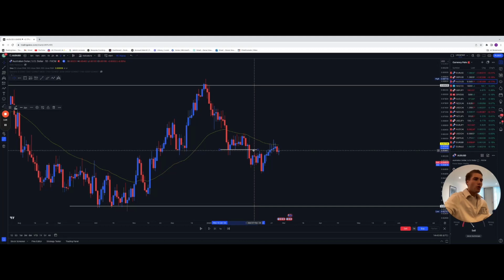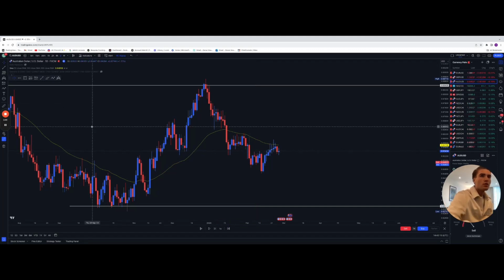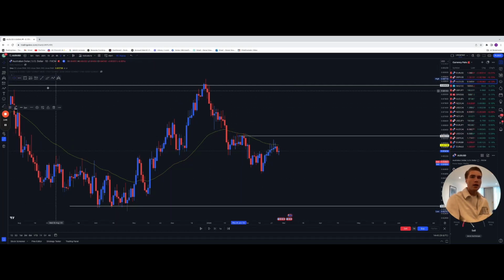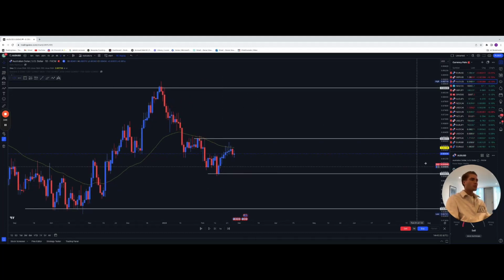The market's broke underneath this. So it's coming down. That's the higher low. And then you've got the lower low here. And now it's just creating a new higher low. So what I'm basically expecting is the market to come down. So to mark this out, I'll get this here. Higher low, and you've got the lower low there.